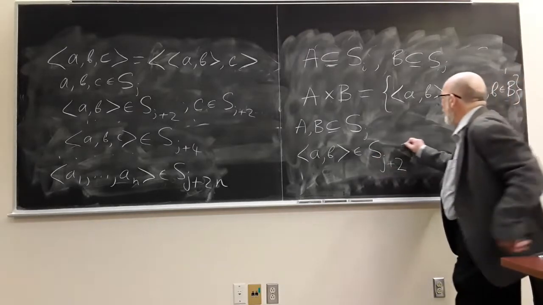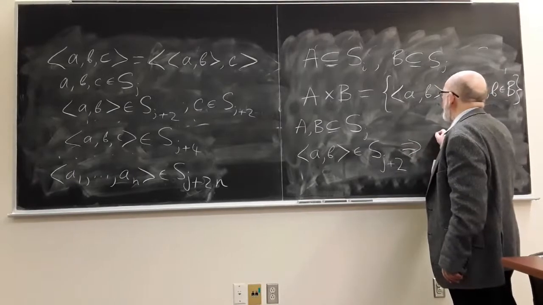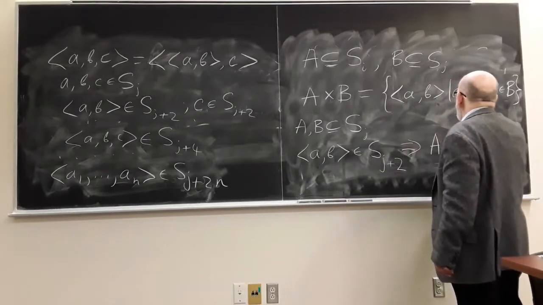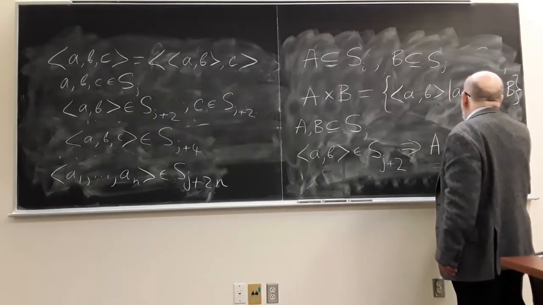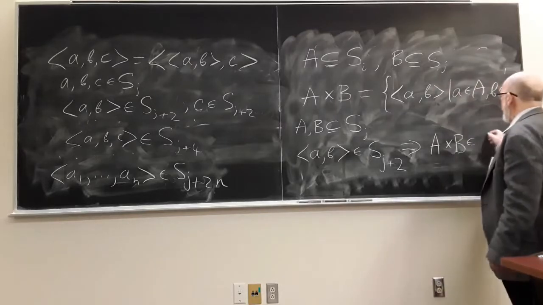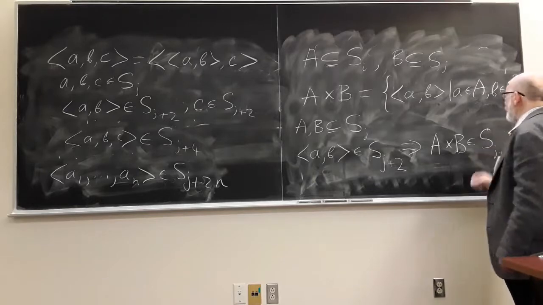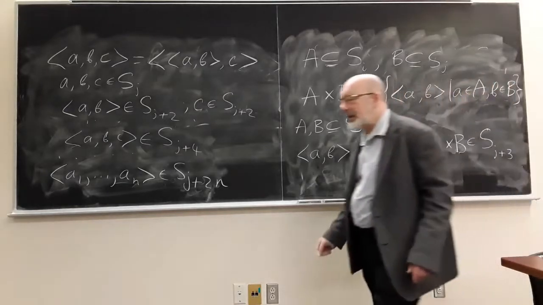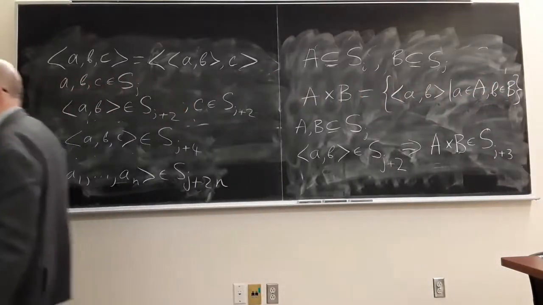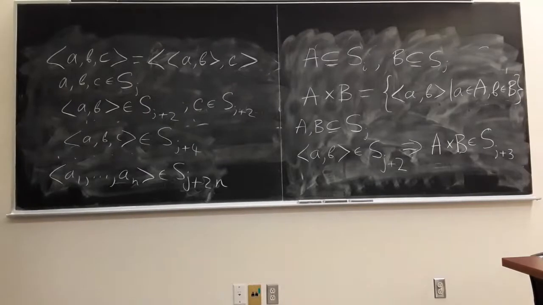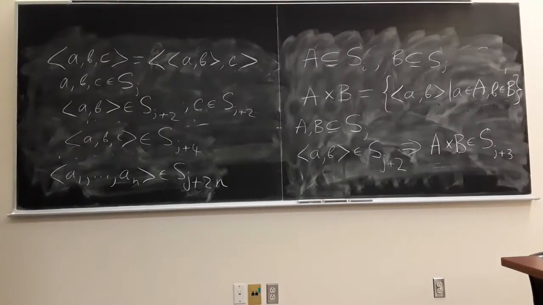This means that A times B is an element of Sj plus 3. So the Cartesian product of A and B is 3 floors higher.